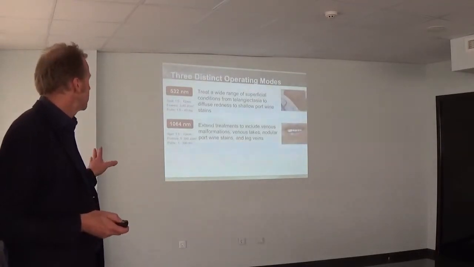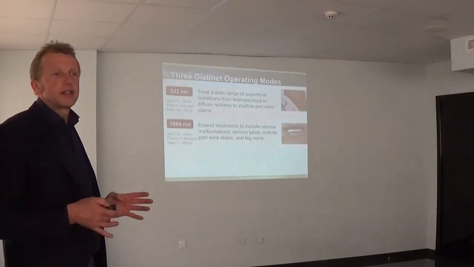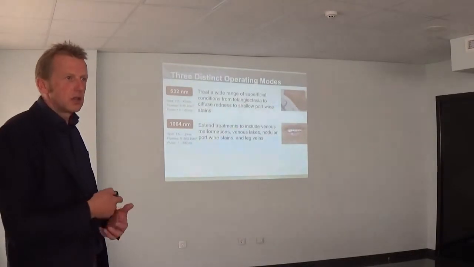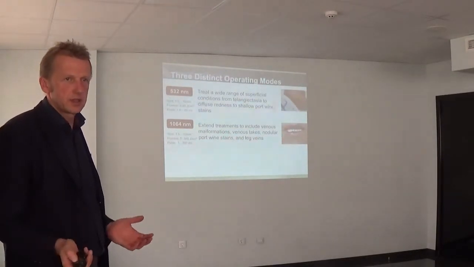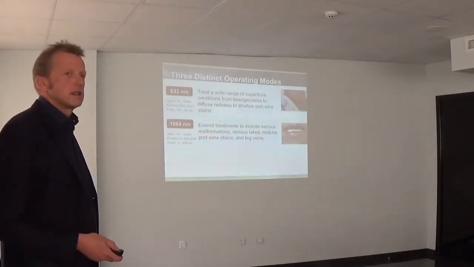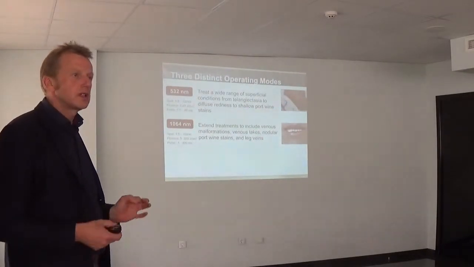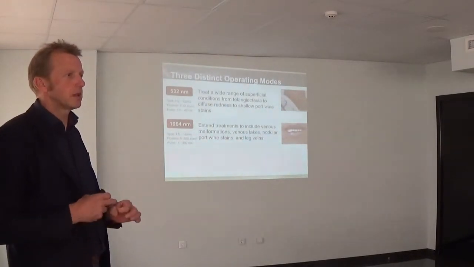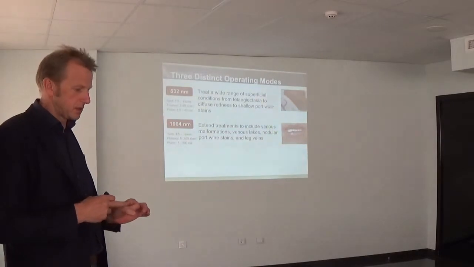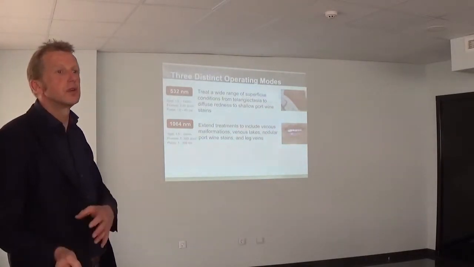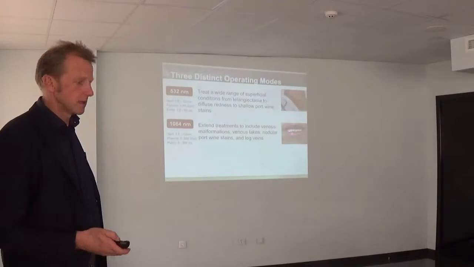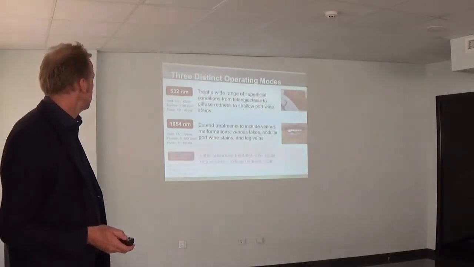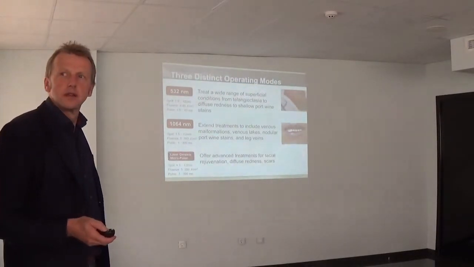Then 1064 is actually identical to the ZO. So all treatments that you can do with the ZO can be done with the Excel V. The only difference there is the cooling method. It's just the sapphire window compared to pre and post cooling in the ZO. It is a little bit more powerful.